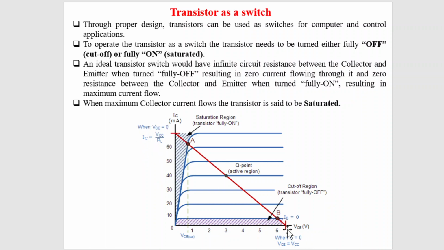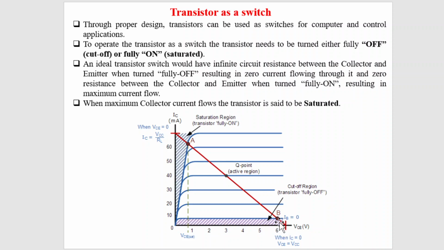These two end points of the DC load line decide whether the transistor will be in on state or off state. If the transistor is working at this point, it is in fully on state, and when it is at this point, it is in fully off state.